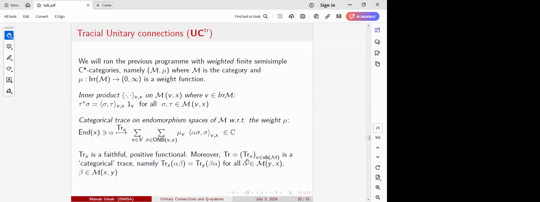Moreover, this family of functionals form a categorical trace, which means that trace_X of alpha beta is equal to trace_Y of beta alpha, where alpha is a morphism from Y to X and beta is a morphism from X to Y. Okay, now using all this, we define the two category of tracial unitary connections.